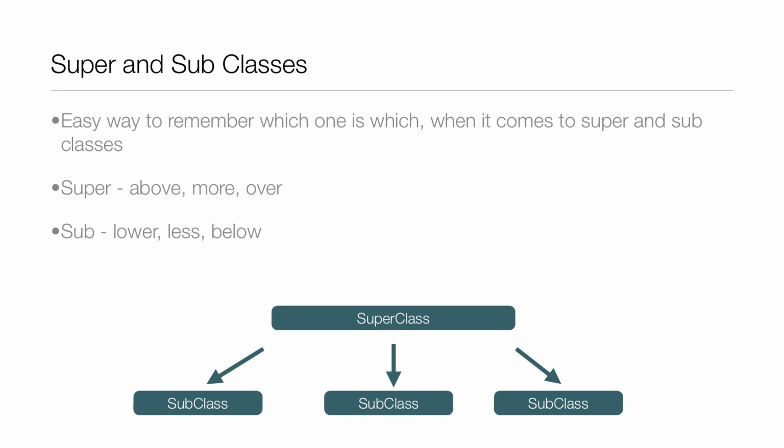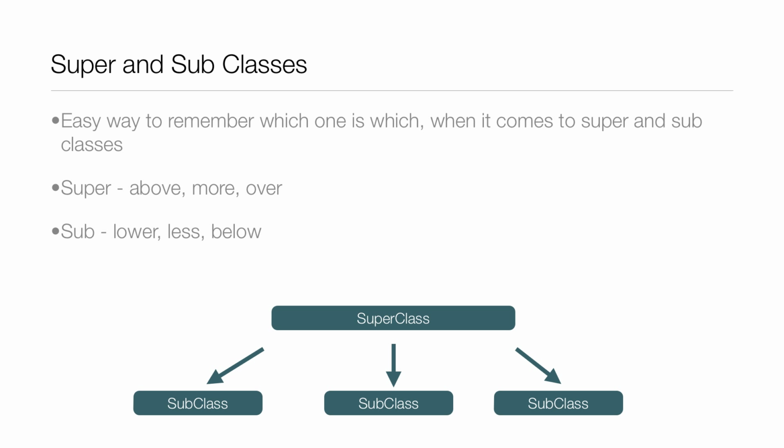Now, how you can remember which one is the superclass and which one is the subclass, how you can kind of tell them apart. Well, the best way is to just think of what super and sub really mean. So super means above, more, over, and then think about that with that diagram down there below. So you see the superclass over top or above the subclass, and sub means lower, less, below, and then think about that with the diagram and how they are lower or below the superclass.